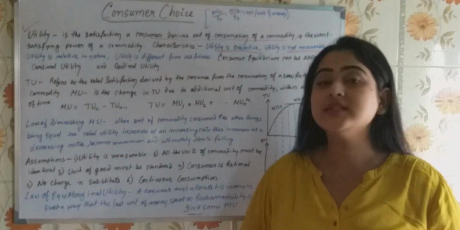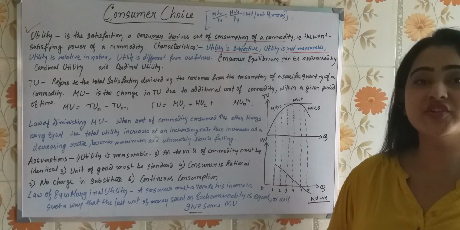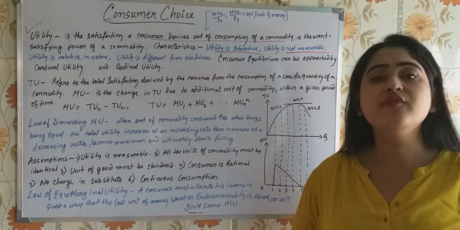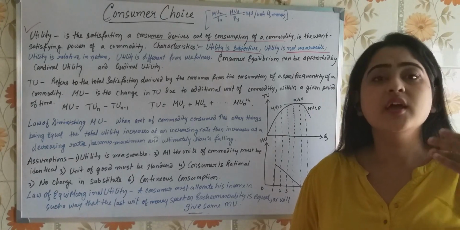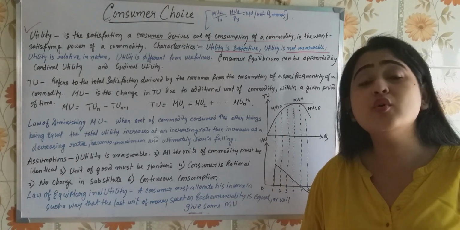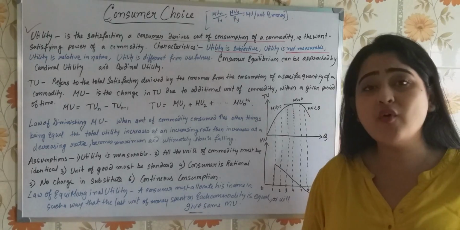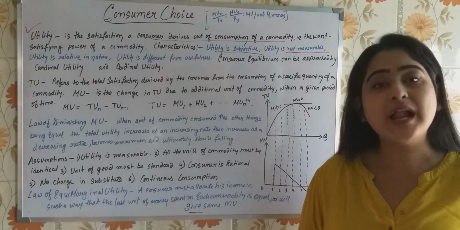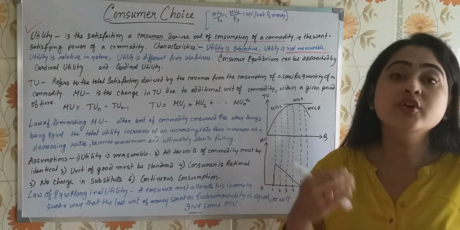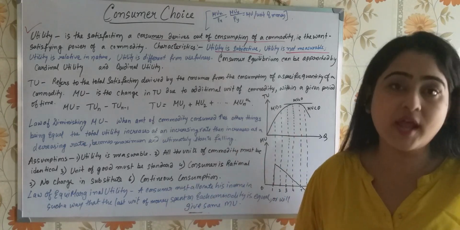So earlier it was said that utility cannot be measurable, because it keeps on differing from person to person, right? If you are very thirsty and you are drinking a glass of water, that glass of water will give you much more satisfaction than the second glass of water. How are you going to measure how much satisfaction that glass of water is giving you? You can measure only in terms of price, isn't it?